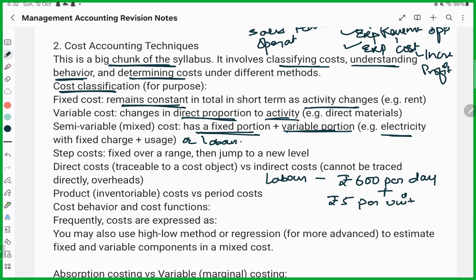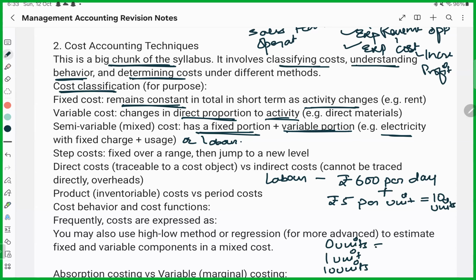So when the manufacturing is actually happening, suppose I manufacture 10 units, what is the cost that I'm going to bear? Let's take three examples. If the company manufactures 0 units, 1 unit, or 10 units.